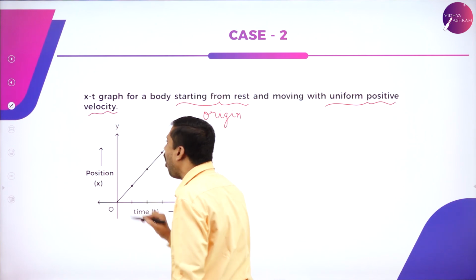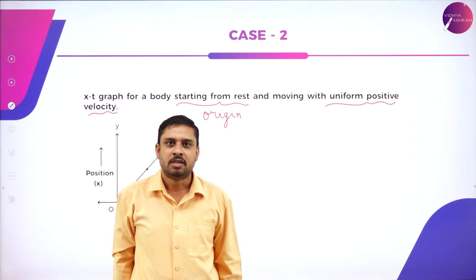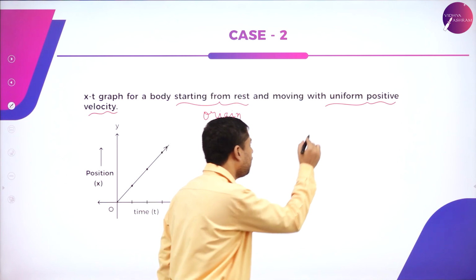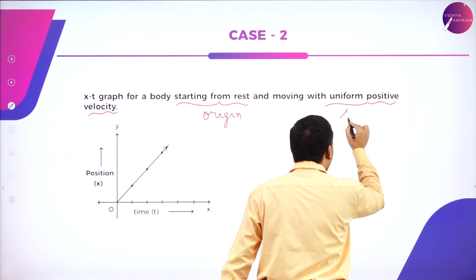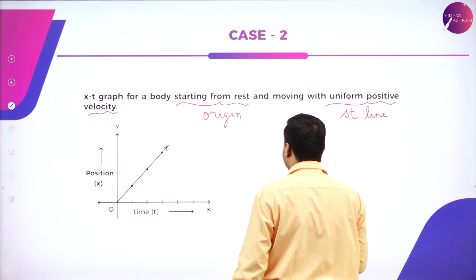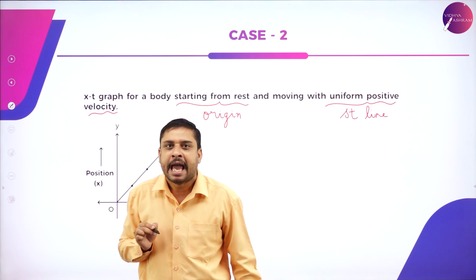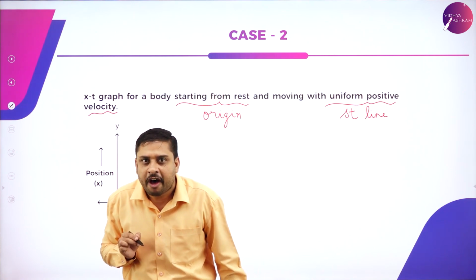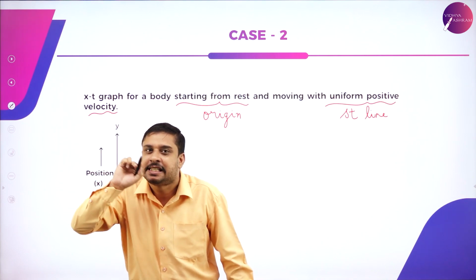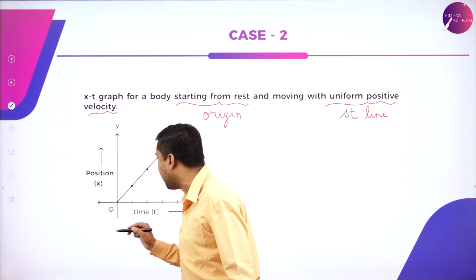uniform positive velocity. So, when we constructed VT graphs, I told uniform positive means along a straight line. So initially the body has to be in the origin, then its position has to increase along a straight line.